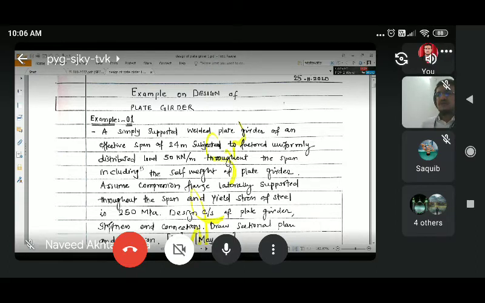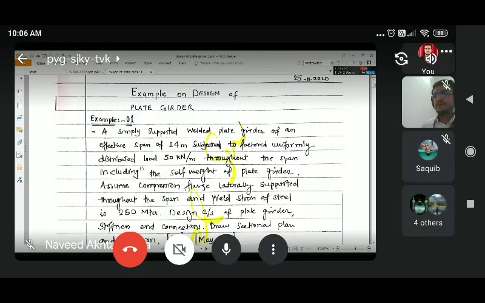For this you need to have IS 800:2007 and the steel table with you while doing the calculation for designing the different elements of the plate girder.